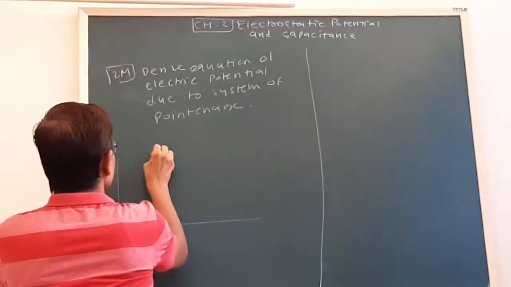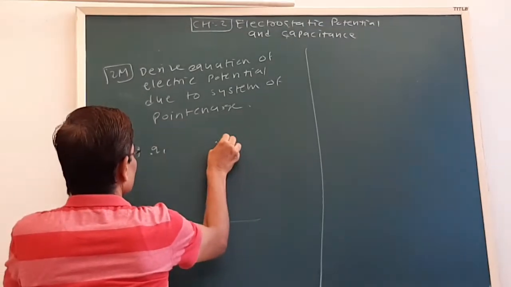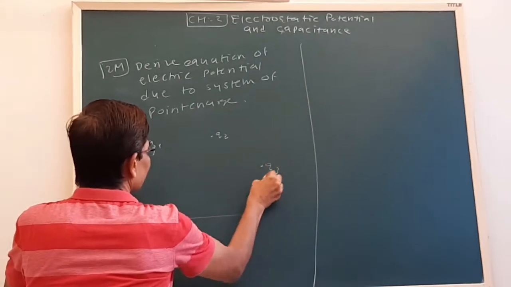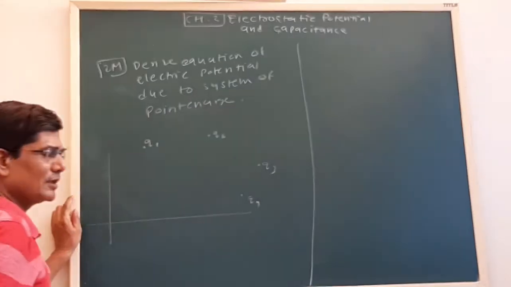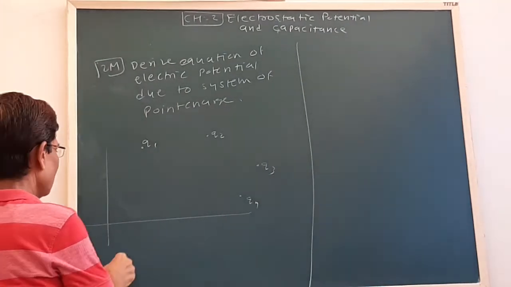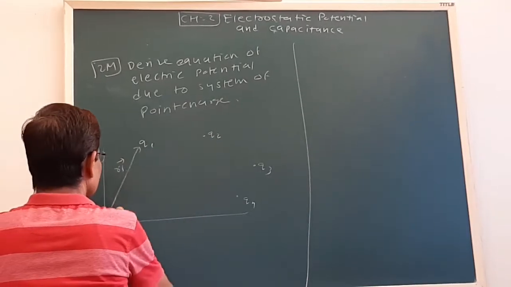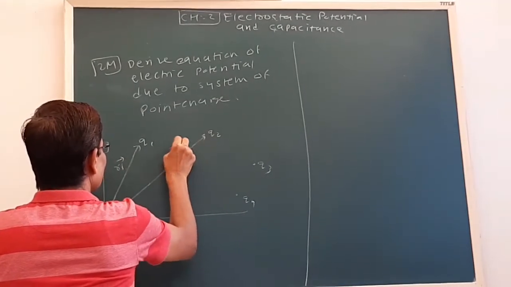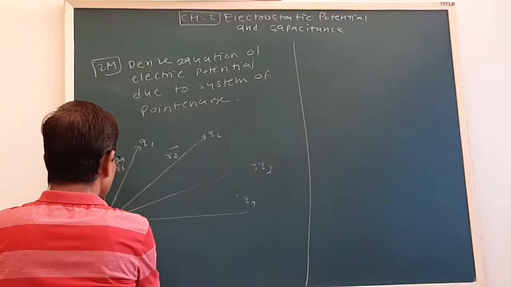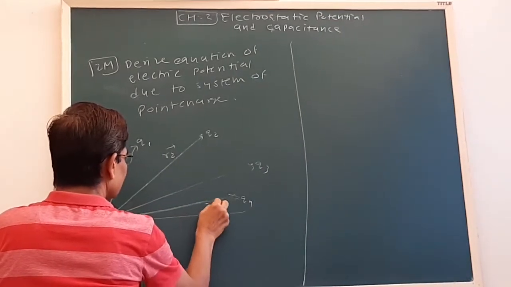Now let us say Q1, Q2, Q3, Qn are point charges. Their position vectors with respect to the origin are R1, R2, R3, Rn.